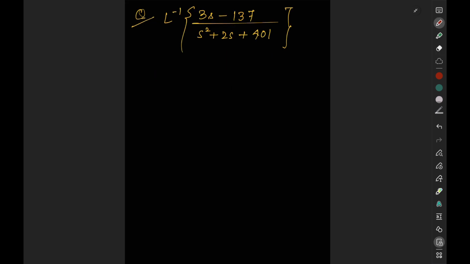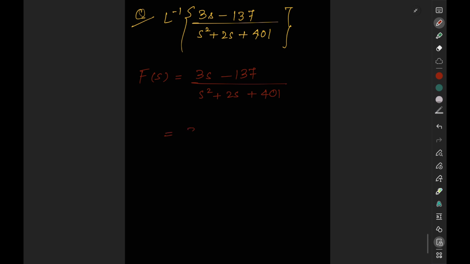Let's see the last problem for the day. So we have to find the Laplace inverse of the given function. F of s is given as 3s minus 137 upon s square plus 2s plus 401. Now our aim should be to convert the denominator into a perfect square.